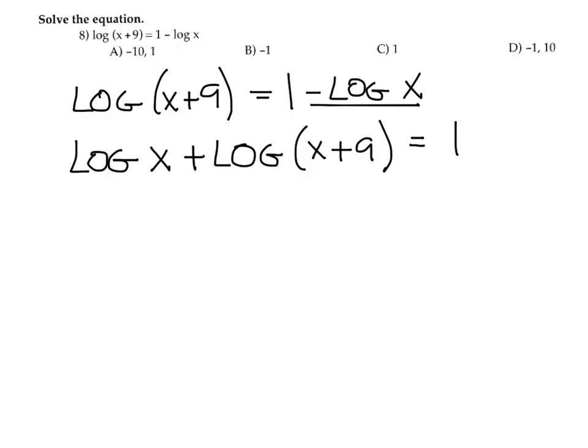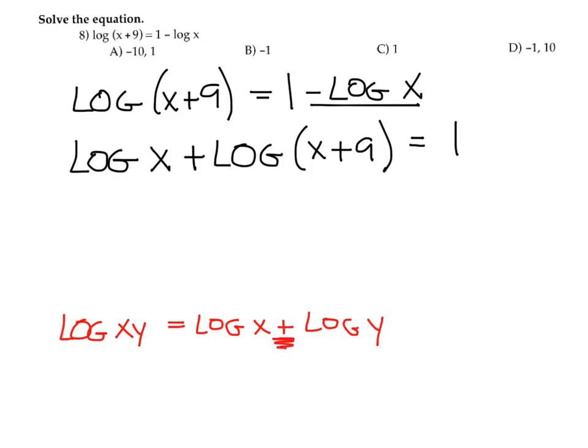Do you remember from the property of logs that we went through before what you can do to condense this when it's addition? So how can I condense down log x and log x plus 9?